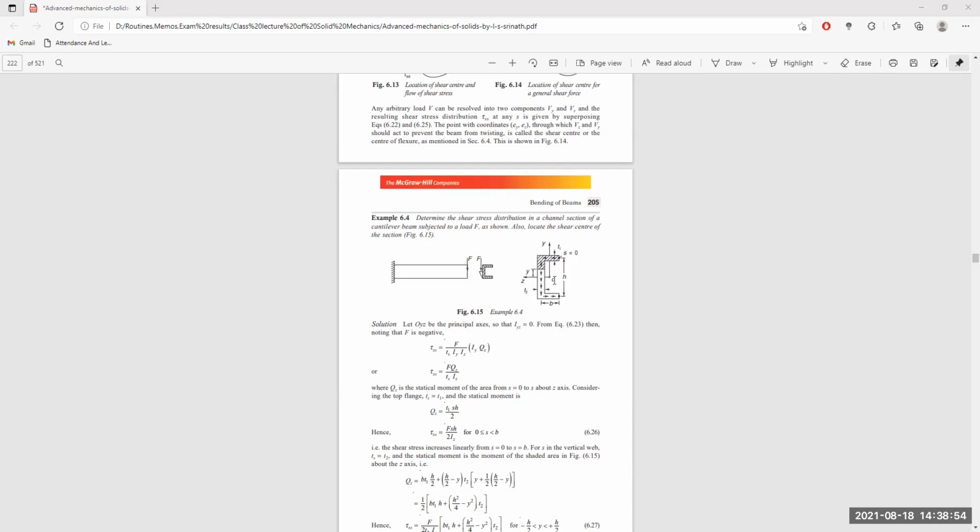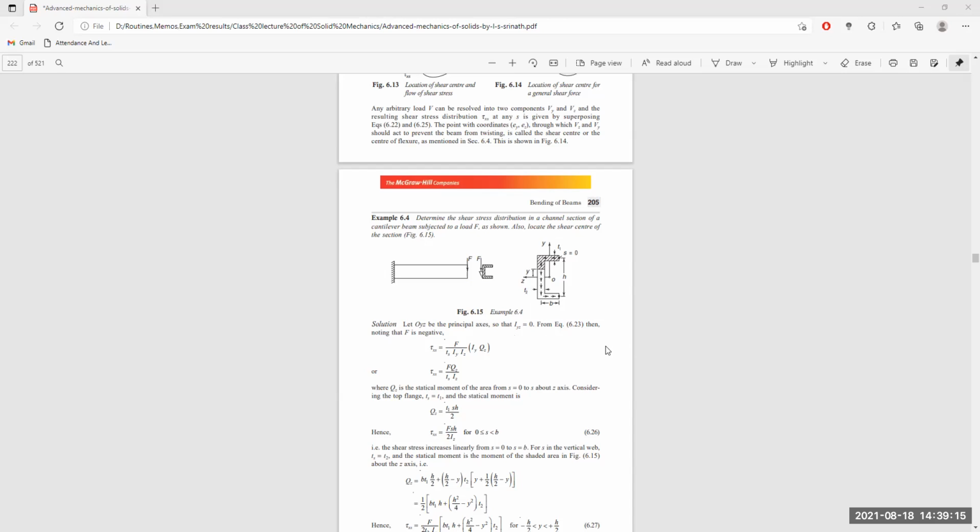So OYZ we have taken as principal axes, meaning loads acting along these axes produce only tension or compression, not shear. Here, as OZ is the axis of symmetry, the product moment of inertia Iyz will be 0.